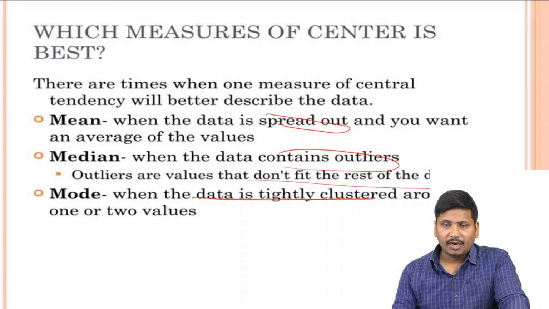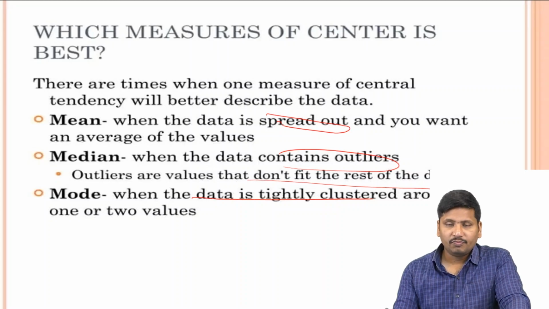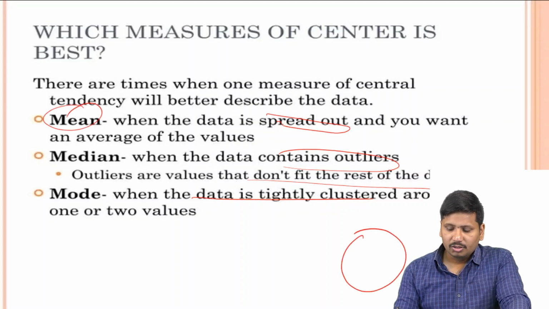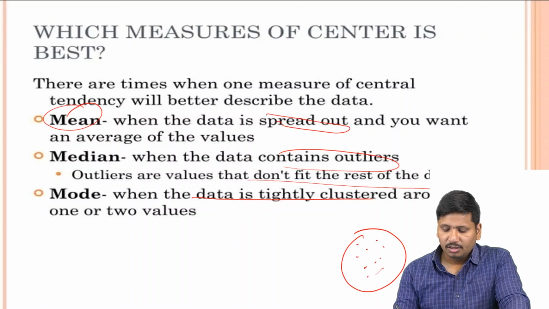Based on the criteria, the particular measure is calculated. Mainly the mean is calculated whenever the data is spread out and you want to find the average of all the values; only then can you use the mean. And for the median, suppose we have a cluster of data, where all the elements in the cluster share the same property, and some values lie outside the cluster.